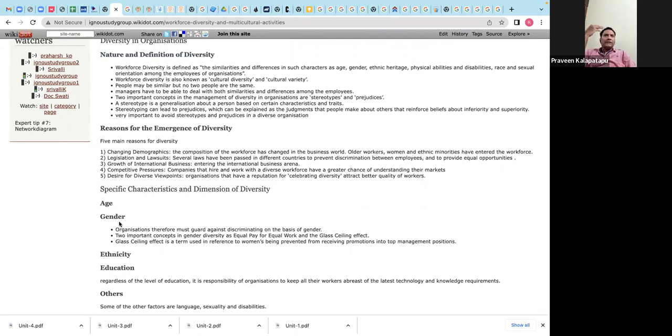The moment you see somebody based on their race or gender, you have some assumption that this person behaves in this way, this person can do this, this person cannot do that. That is stereotyping. You are coming with a predefined notion based on certain characteristics of that person.